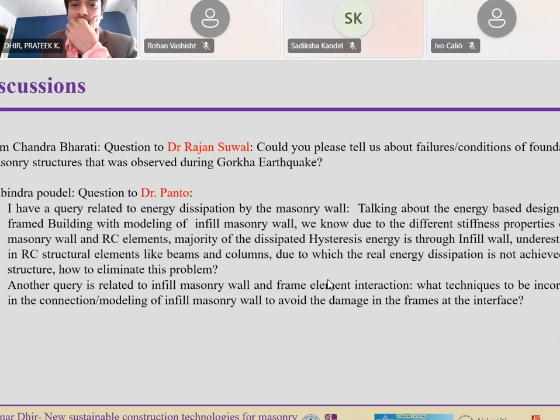Another thing, there is no timber or other bands between them. In most of the masonry buildings, we have seen that from top to bottom the main wall and transverse walls are separated, because they are not connected properly by any element.